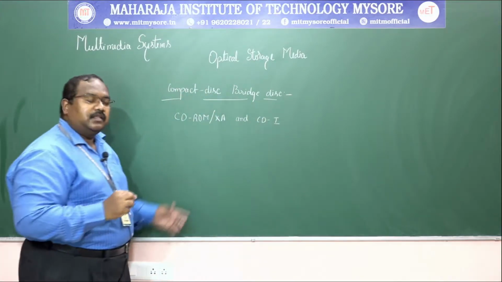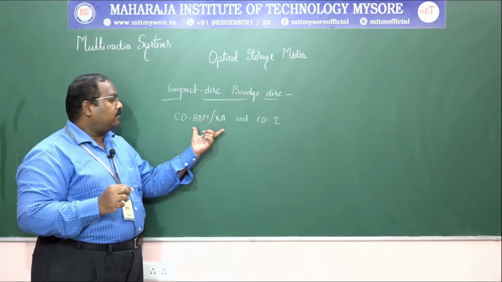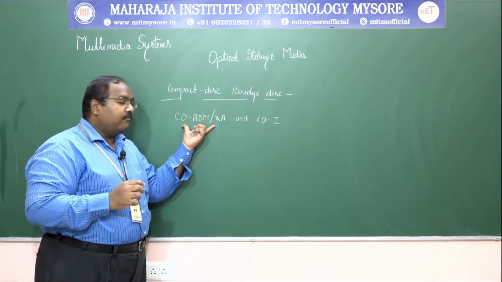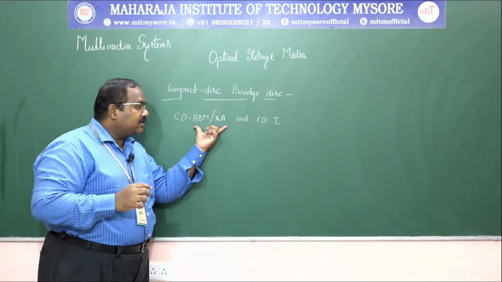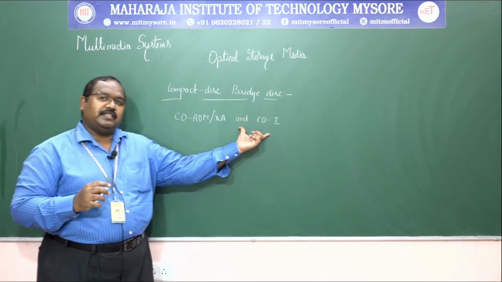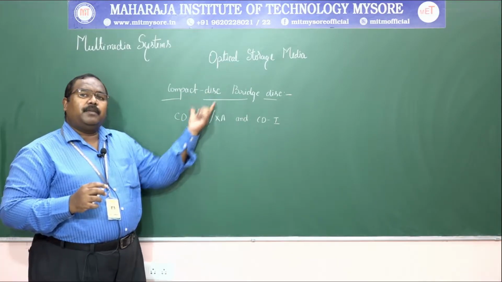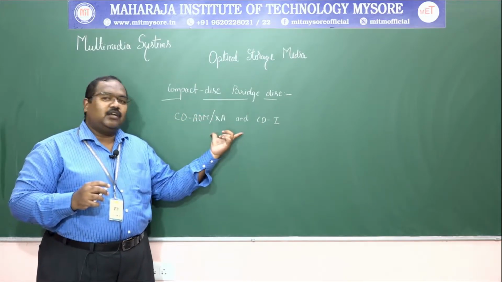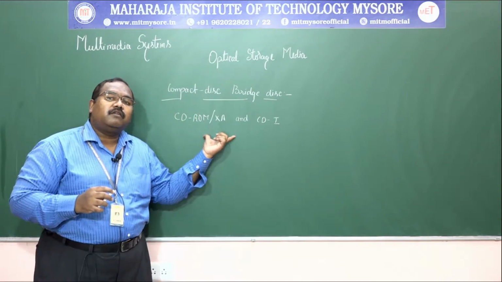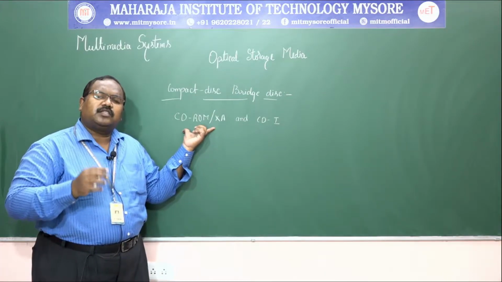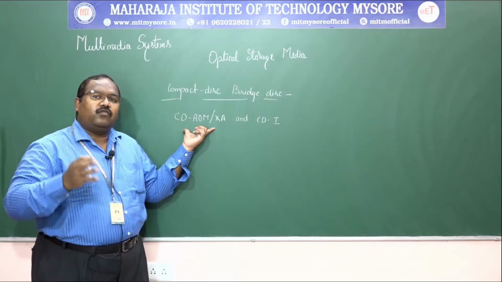This compact disc supports the devices of CDDA with respect to CD-ROM XA architecture and also CD-ROM I, that is CDI devices. So this disc can be played on both devices. Why is that so? Because it allows the Form 2 specifications, whereas CD-ROM XA is always supported with mode 2 of Form 1 and Form 2.